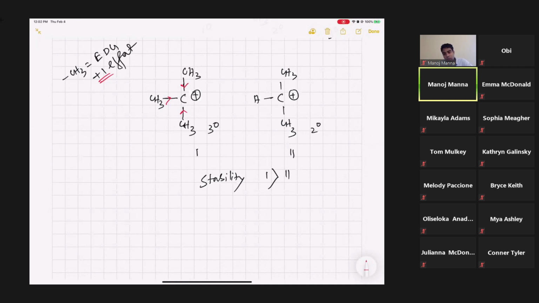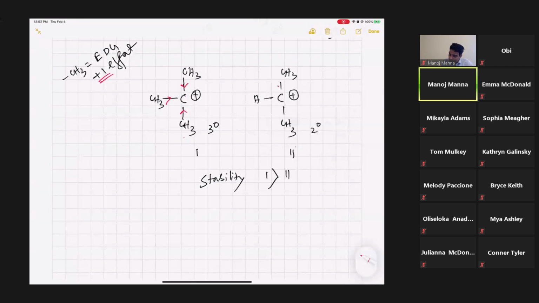Now carbon was electron deficient and 3 methyl groups are pushing electron towards carbon. Now carbon becomes more comfortable because whatever electron deficiency he has, he's getting some support from the other 3 methyl groups. That's why this is more stable compared to 2, because here also you have a plus I effect.